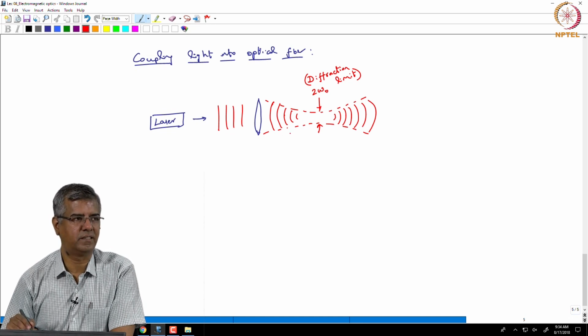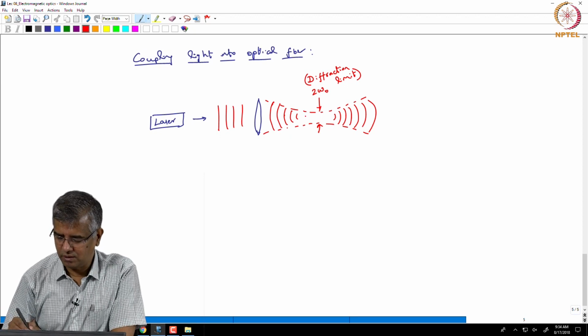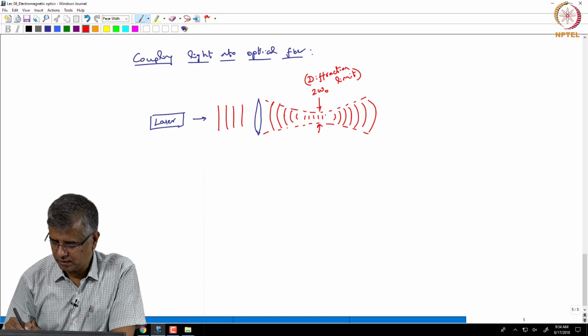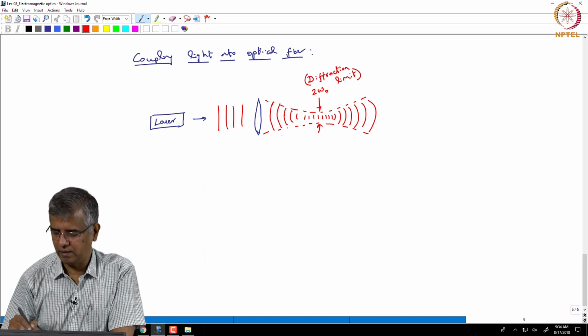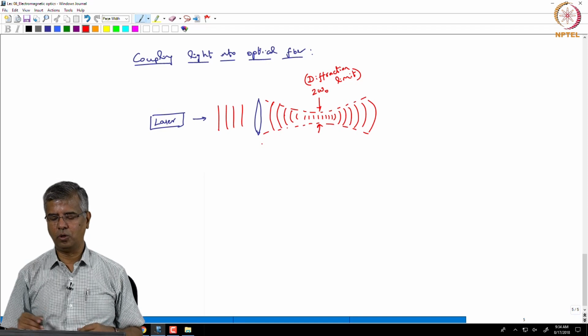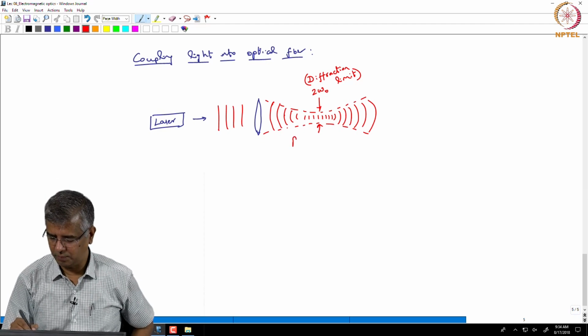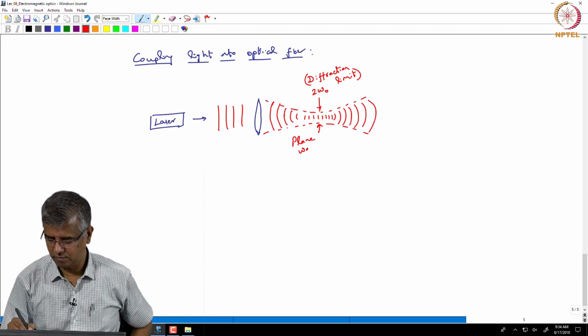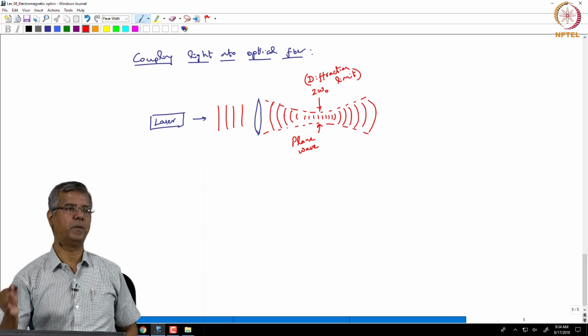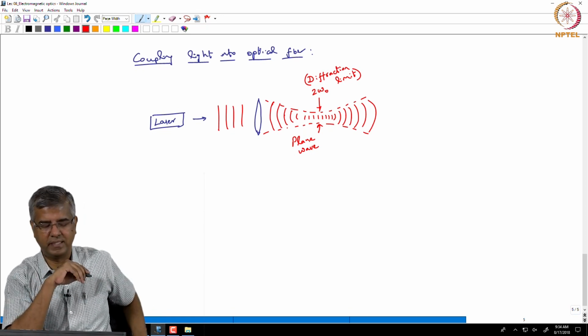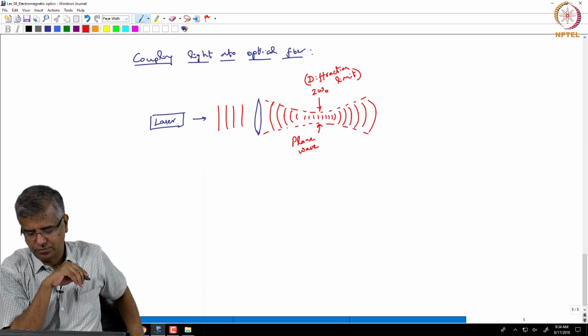Clearly the curvature is changing sign, right. So you can say that at the center it's going to be close to a plane wave, or it is going to be a plane wave at the exact center, all the wave fronts.